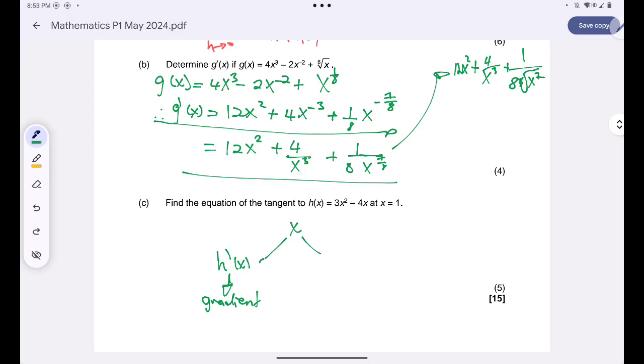However, if I substitute the x value into the original graph, it will give me the corresponding y value. Please note that the derivative of a curve is always equal to the gradient of a tangent at a specific x value.